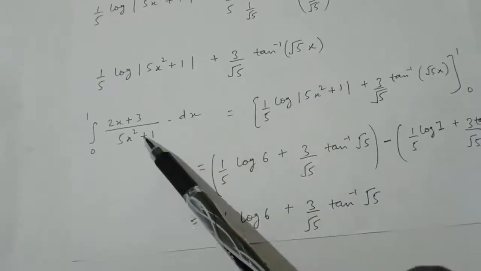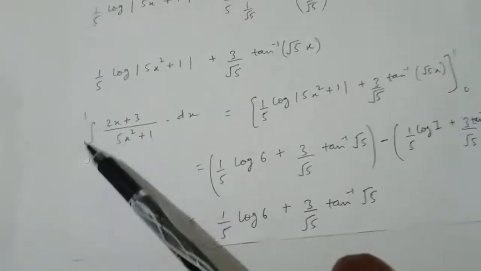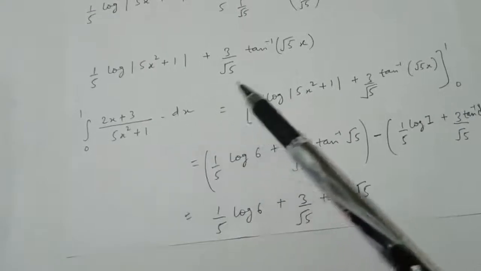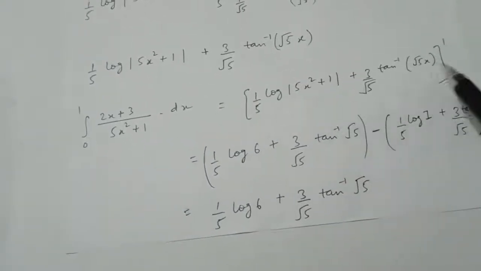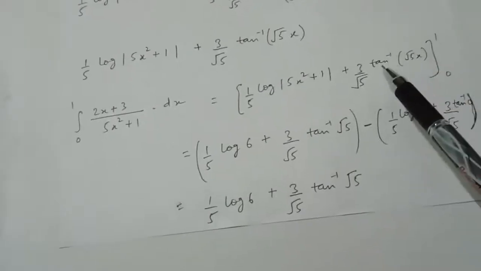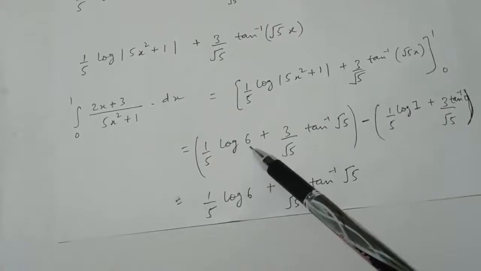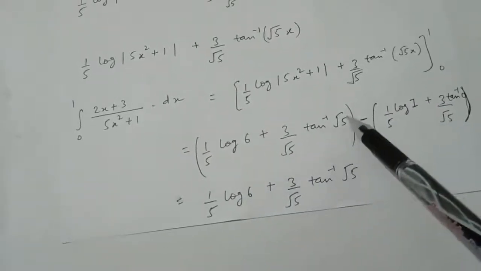Now because we have to find the area from the interval 0 to 1, this will be equal to the function from the limit 0 to 1. Now put the limits. First of all put 1 in this function, so you will get 1 by 5 log 6 plus 3 by root 5 tan inverse root 5, right?